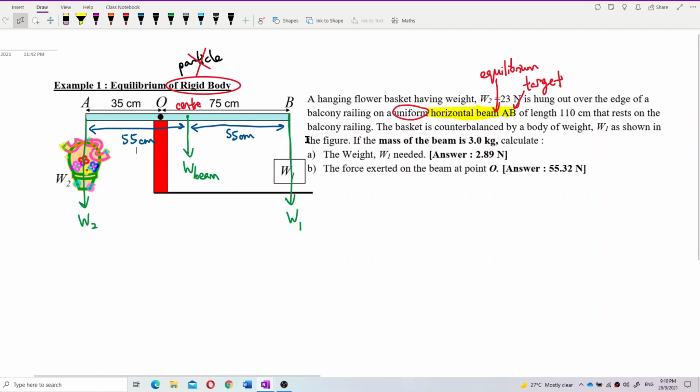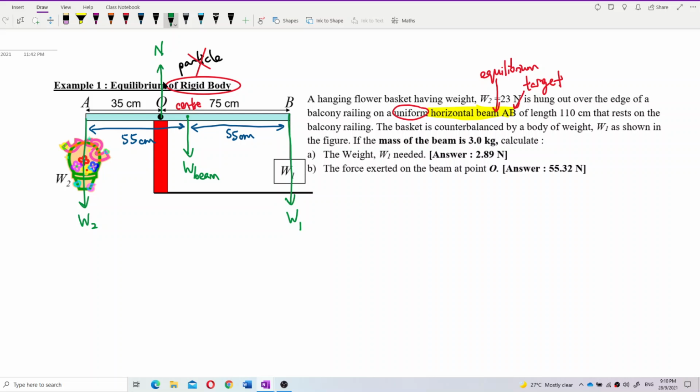So it's in equilibrium. And then he says this beam is resting on what we call the balcony railing. This is the balcony. Okay, so it's resting on top of it. So we can say here got a supporting normal force going upward.